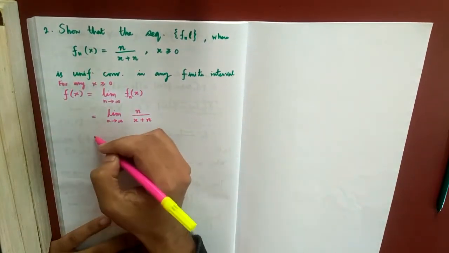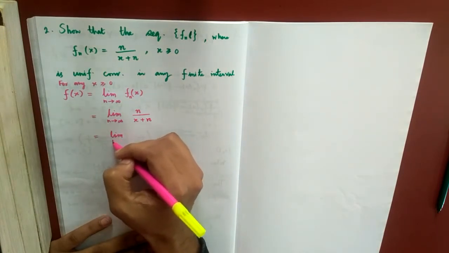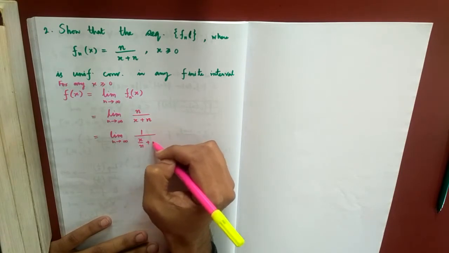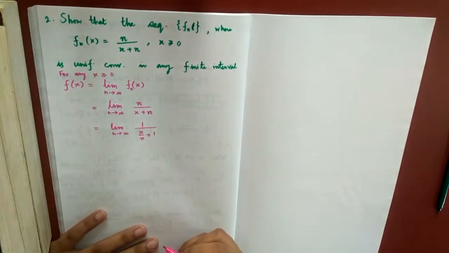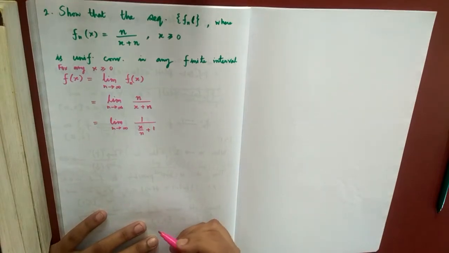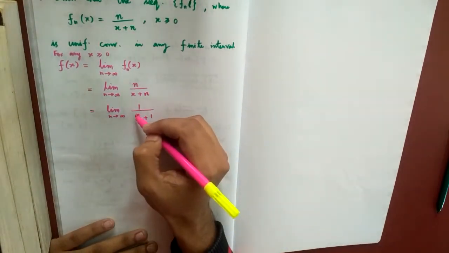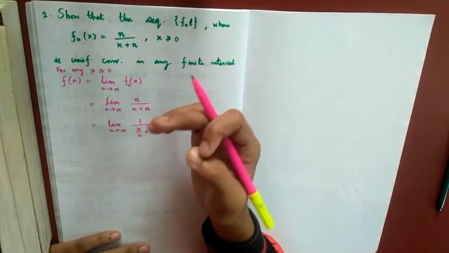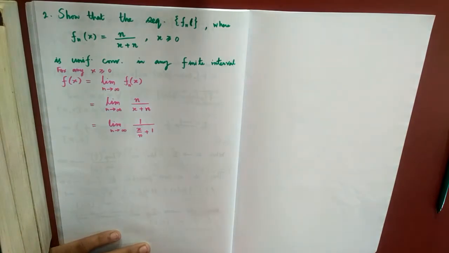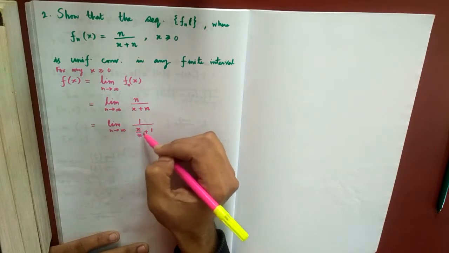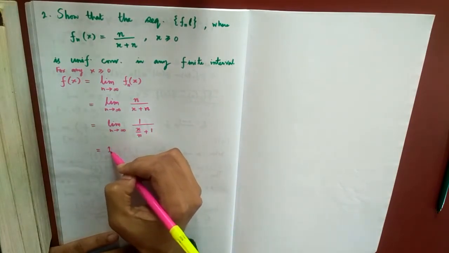How will you solve this? Divide by n. So this will become 1 by (x by n plus 1). Whatever x you choose, x greater than or equal to 0, you choose x as 0, 5, 10, 100, 2.5, 2.9, this number x by n is going to 0 as n tends to infinity. So this limit is nothing but 1.